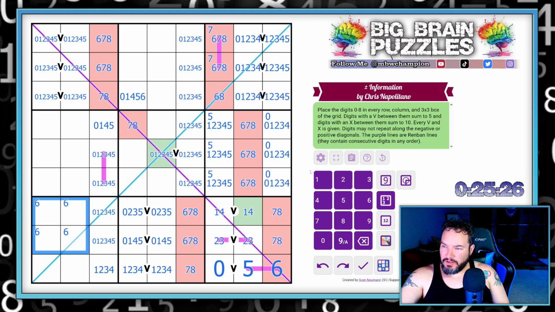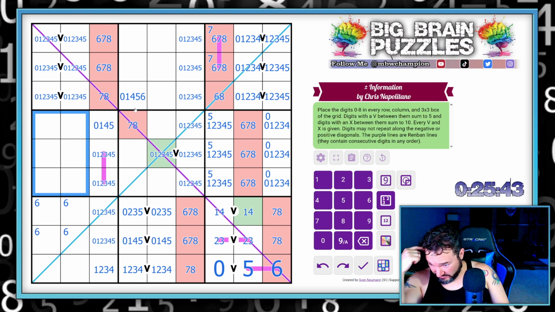Six has to be over here somewhere. I know I'm just labeling it for the heck of it. 6 is gonna go here. Same there. Yeah, it's not going anywhere.